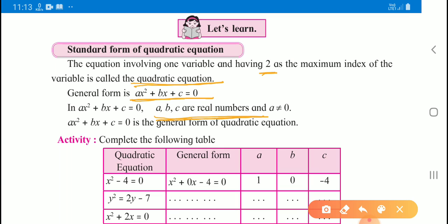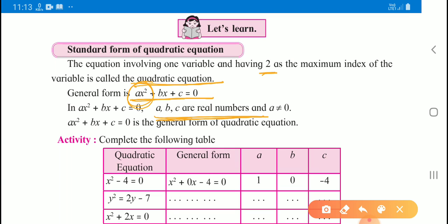Okay, but one condition is there. Which condition is there? a is not equal to 0. Means here a should not be 0. Why? Suppose here a is 0. Then your ax square will cancel and you will get just the equation bx plus c is equal to 0. And this is the linear form of equation.